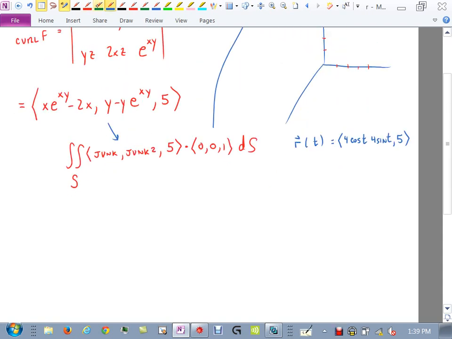So I have the double integral over S of 5. Pulling the 5 out, 1 dS is just 5 times the surface area of S, which is pi r squared. So 5 times 16 pi, 80 pi. Done.